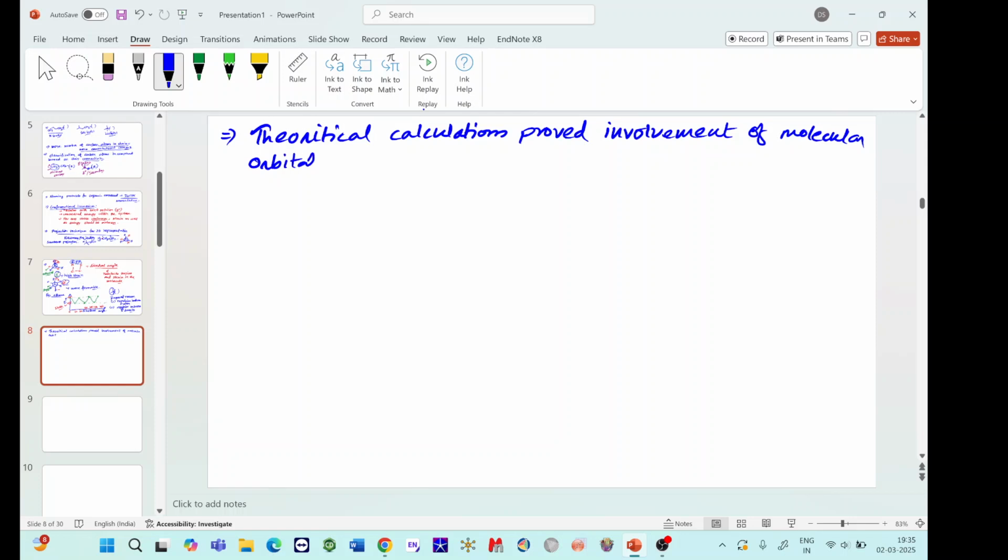How? That we'll discuss. So suppose you have this structure. You have two extremes. This is your staggered, and you have your eclipsed.